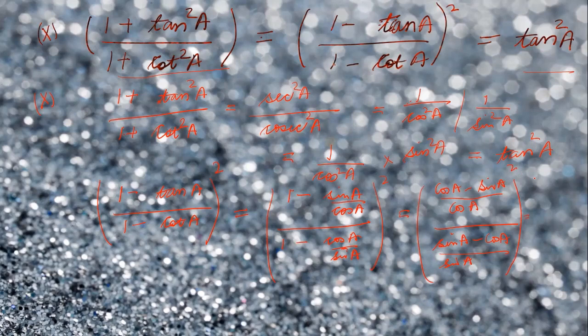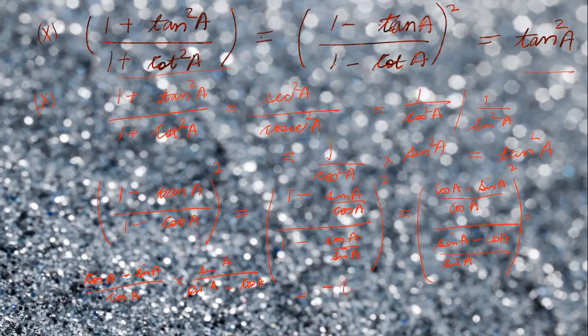Or you can write like this, cos A minus sin A upon cos A divided by this, so it will be sin A upon sin A minus cos A. Or you can take minus sign common over here.